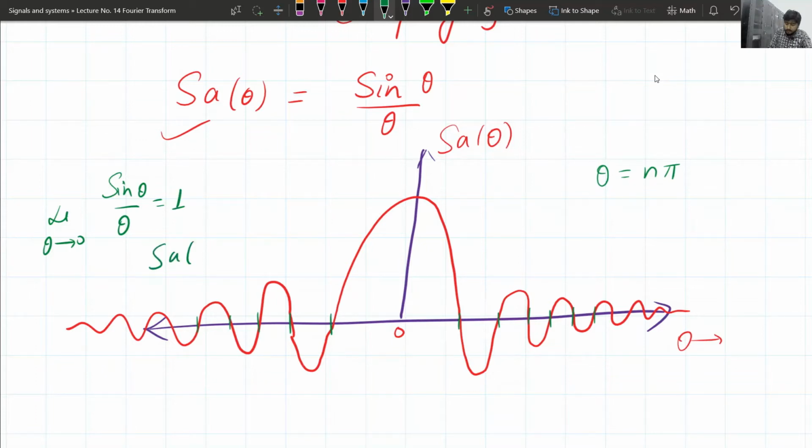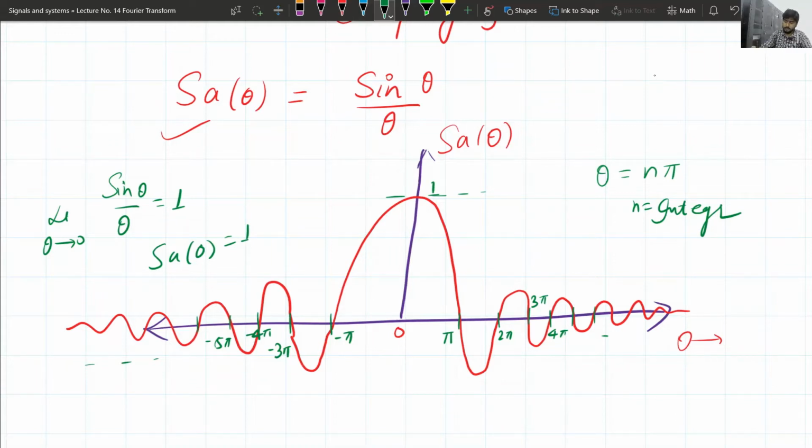That means the sampling function at 0 will have a value of 1. This is also called the weight of the sampling function. So it will be 0 at pi, 2 pi, 3 pi, 4 pi, and so on. Similarly at minus pi, minus 2 pi, minus 3 pi, minus 4 pi, where n is an integer, minus 5 pi, and so on.